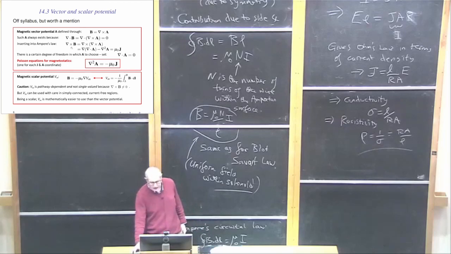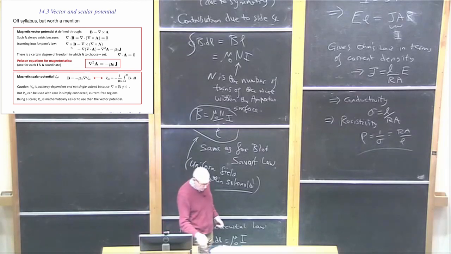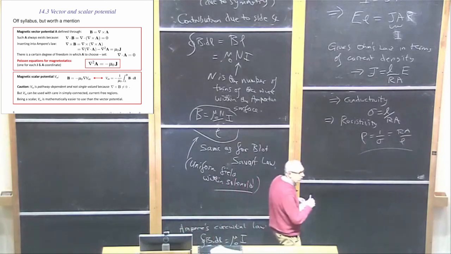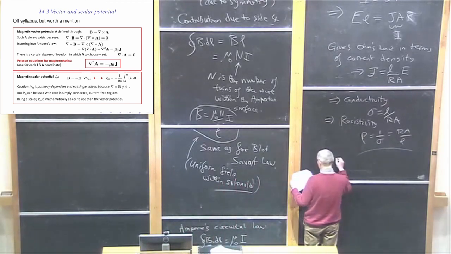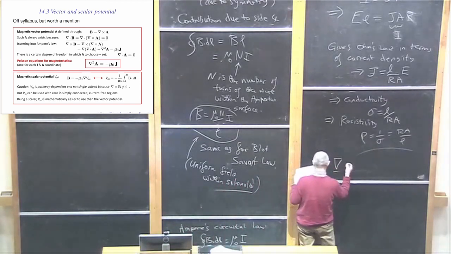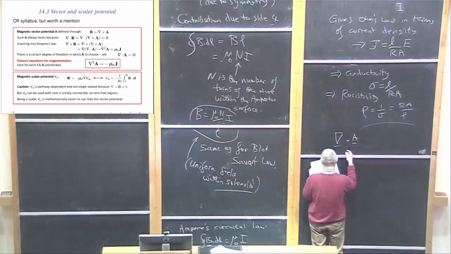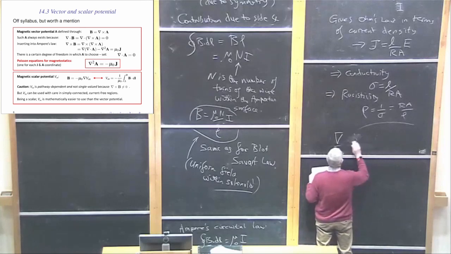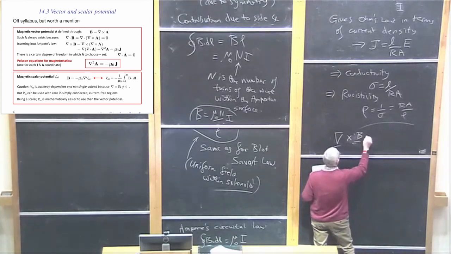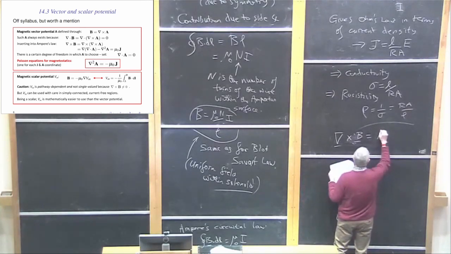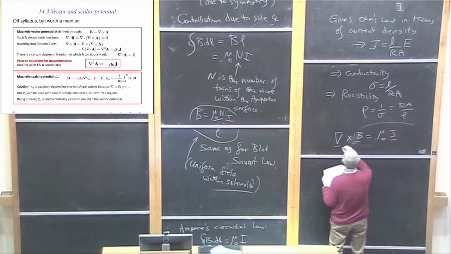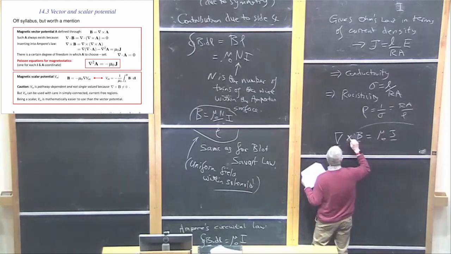If you stick this into Ampere's law, in case you forgot what it was in vector calculus form, it was this, curl of B equals mu naught J, and I did it yesterday. It's just a different form of Ampere's law.